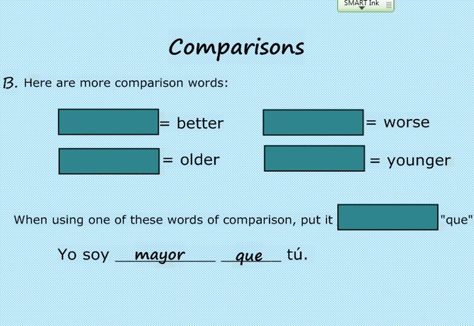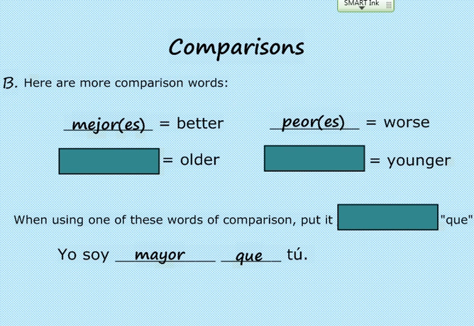So there are a few specialized comparison words that you should know that are also useful. These are basically the irregulars, if you want to think of them that way. They are variations on the original formulas. You already know these, or at least you have seen them before, but we'll go through them together. In order to say something is better, you use mejor. In order to say something is worse, you would say peor.